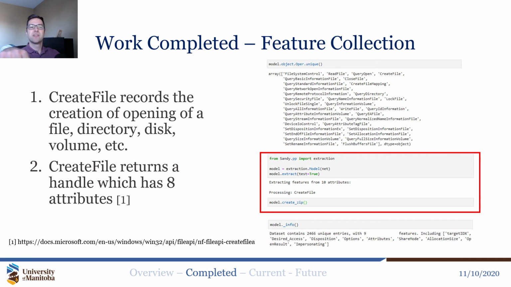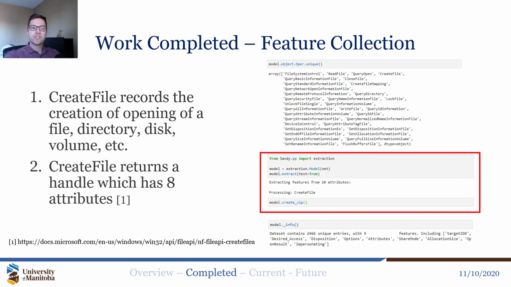That is just for testing purposes, it'll just extract the features from create file as default, but natively it'll go through the list and extract all the features for us and create a sparse data set of all these operations, each of them having unique attributes associated with them.